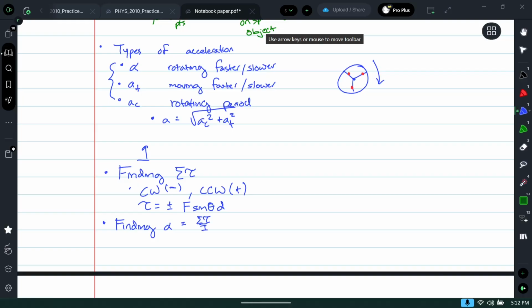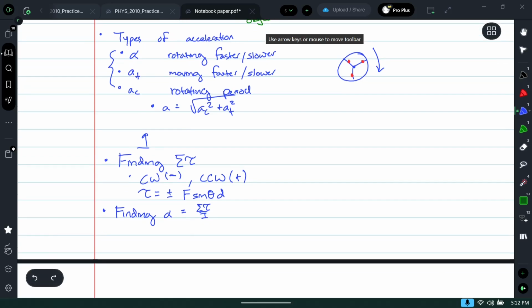So I give that door a hard push, and I can find the torque I'm exerting on that door. But can I figure out how it's going to rotate as a result of it? That doesn't just depend on how hard I'm pushing, the torque I'm producing, but the door itself is going to resist that rotation to some degree. It has some rotational inertia.